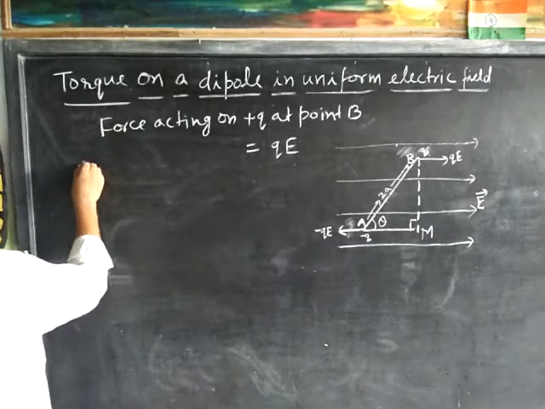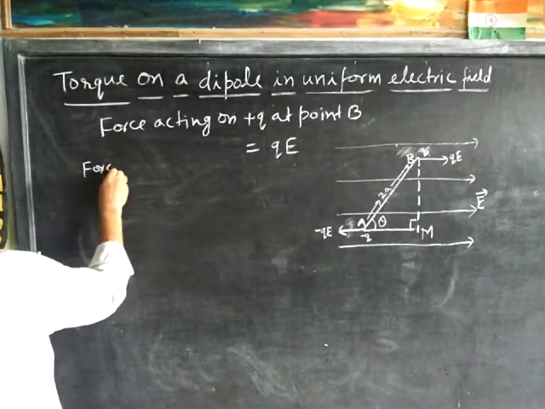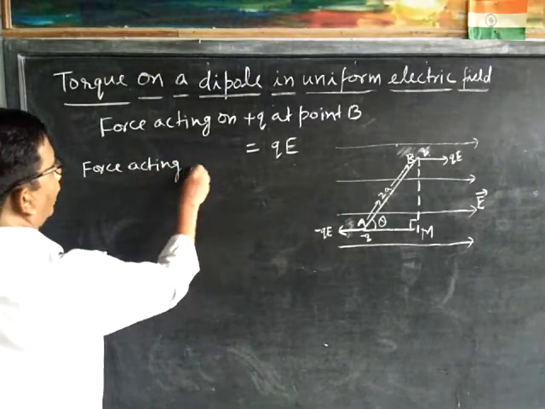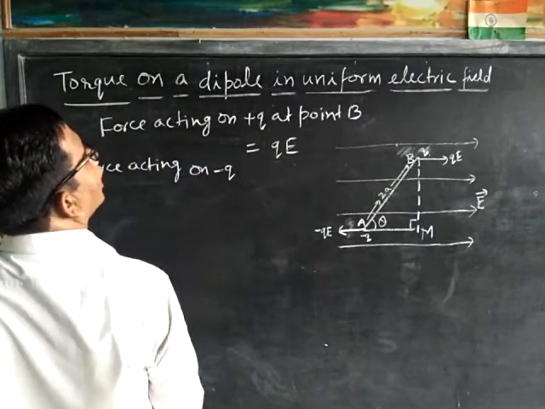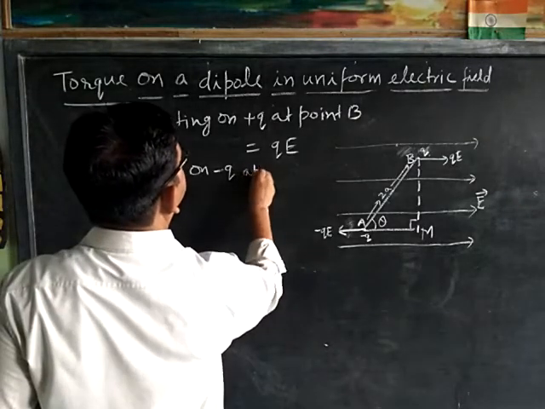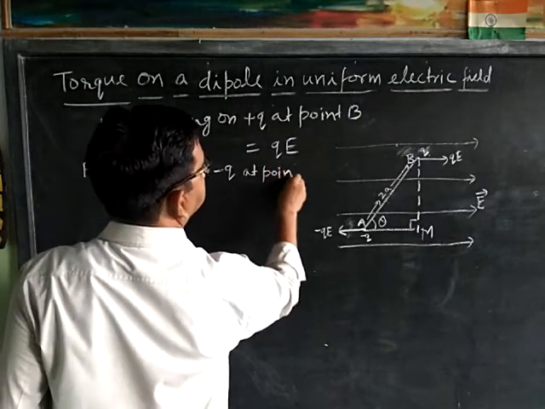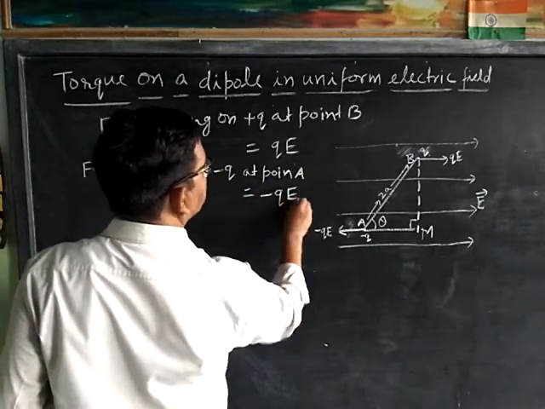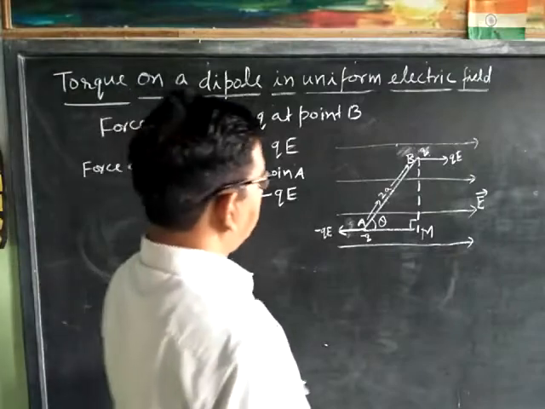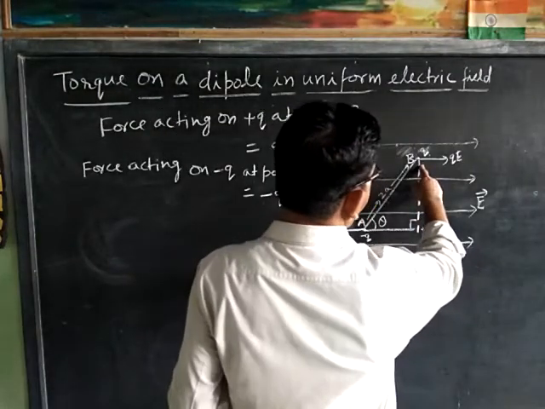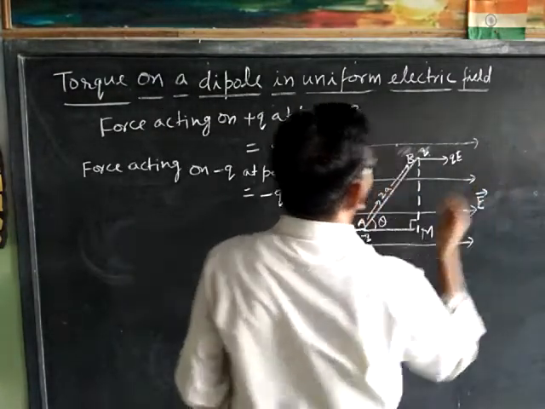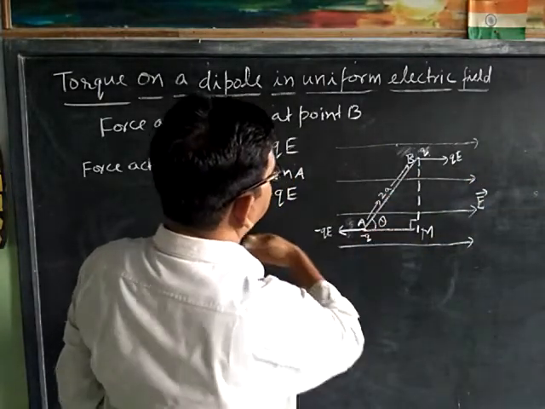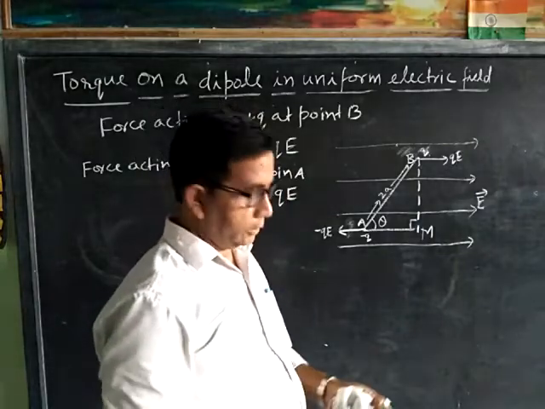Similarly, force acting on minus Q charge at point A is minus QE. We see this force at point B is along the direction of electric field, and this force is opposite to the direction of electric field.